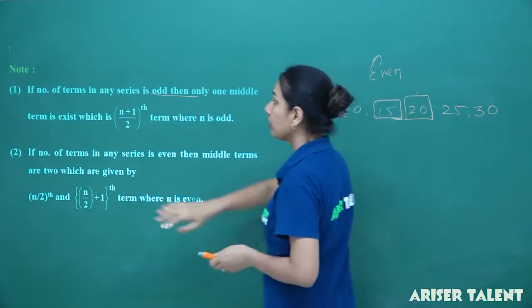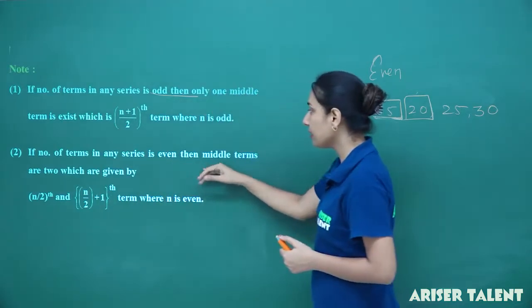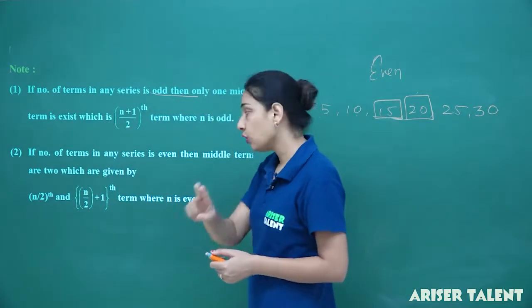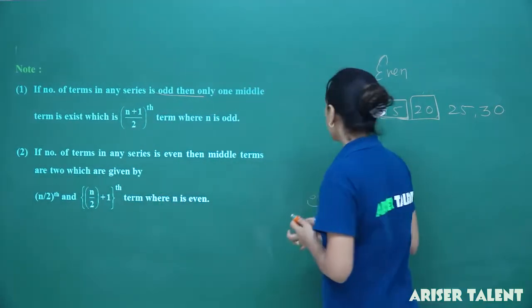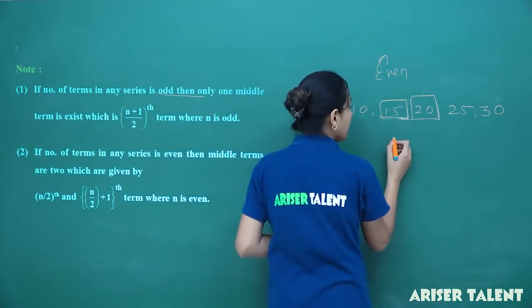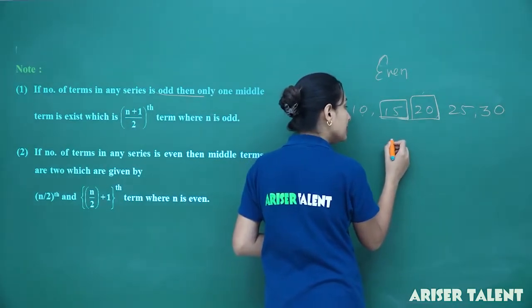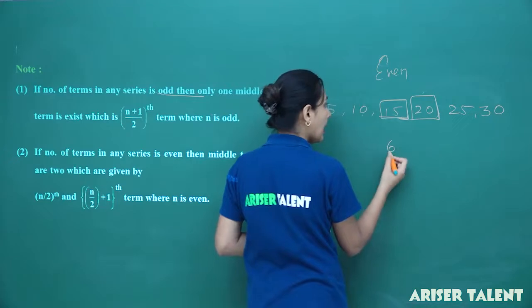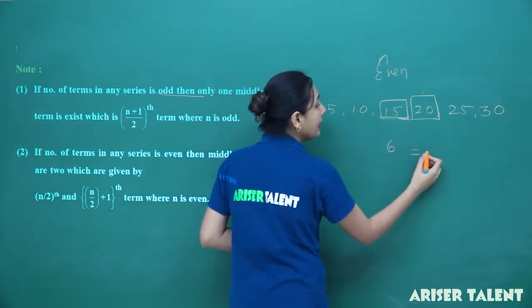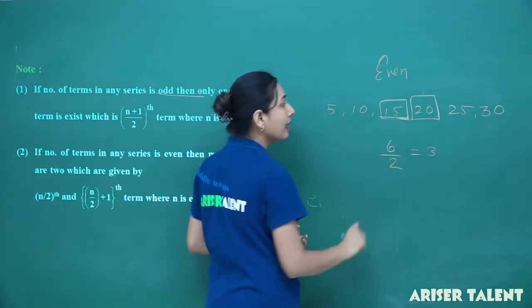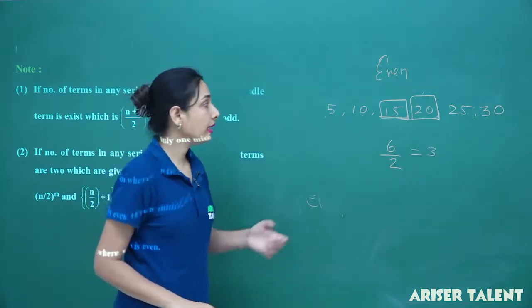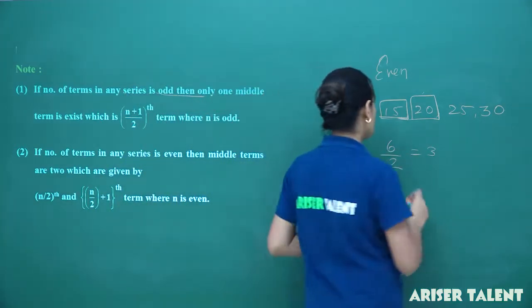So in any series with an even number of terms, the middle terms are 2. The total number of terms is 6 and we are getting 3, so we have to divide it by 2. 6 by 2 equals 3.